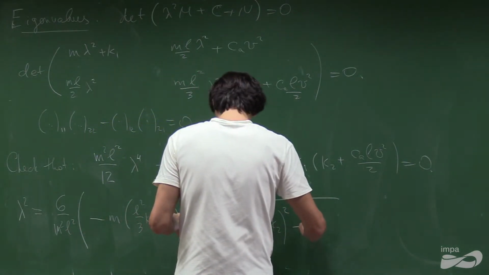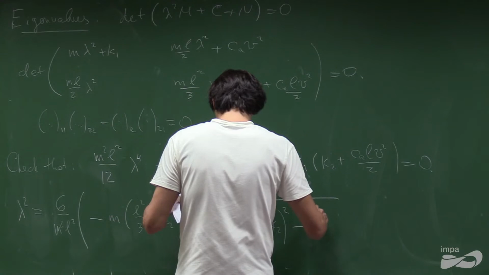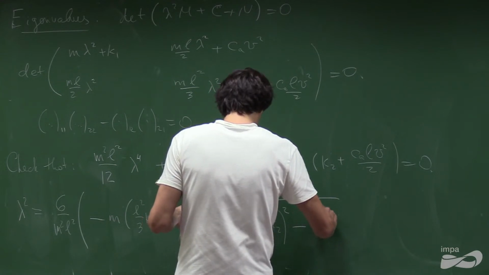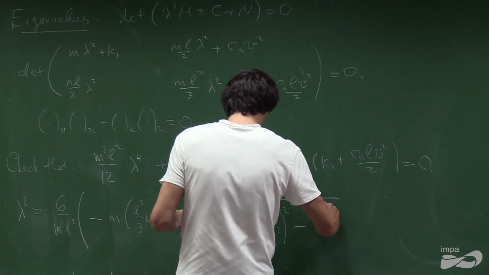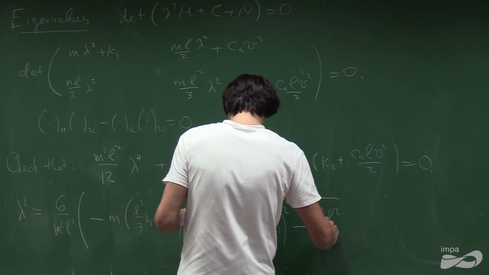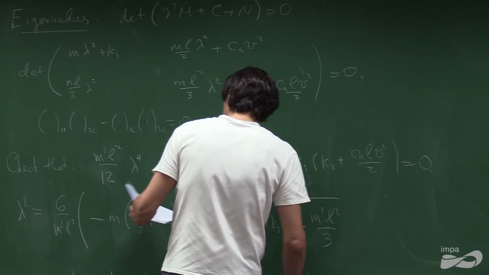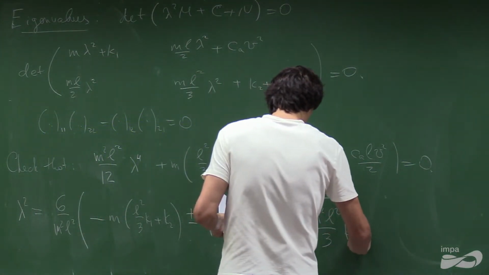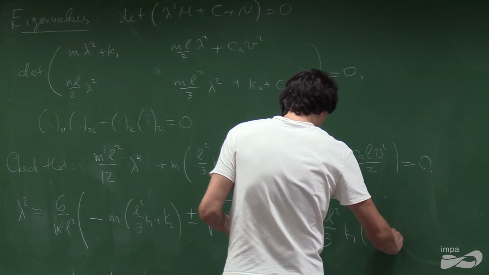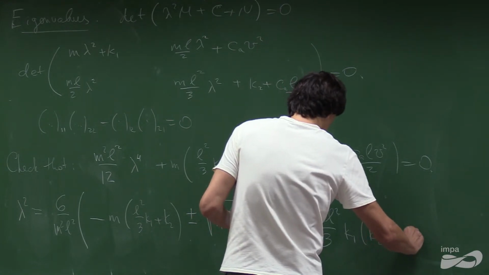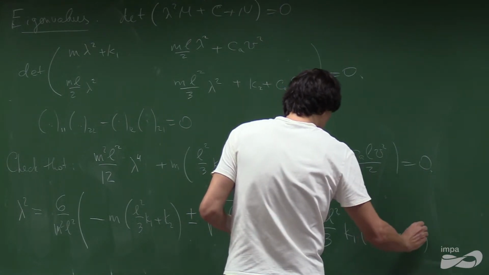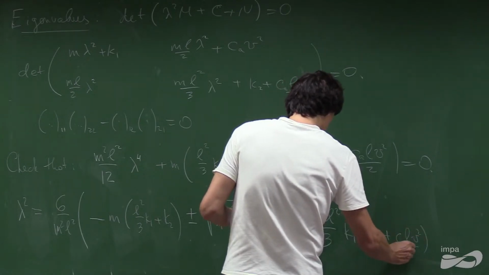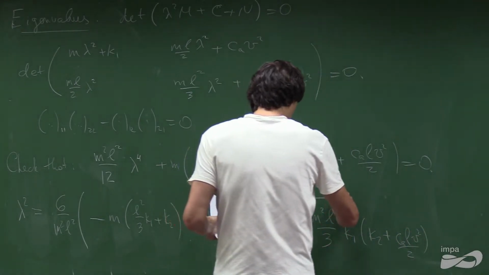And so minus, so 4 with 12 cancels, so it will be m squared l squared over 3 from here. And from here you get K1, K2 plus A squared. Boom.